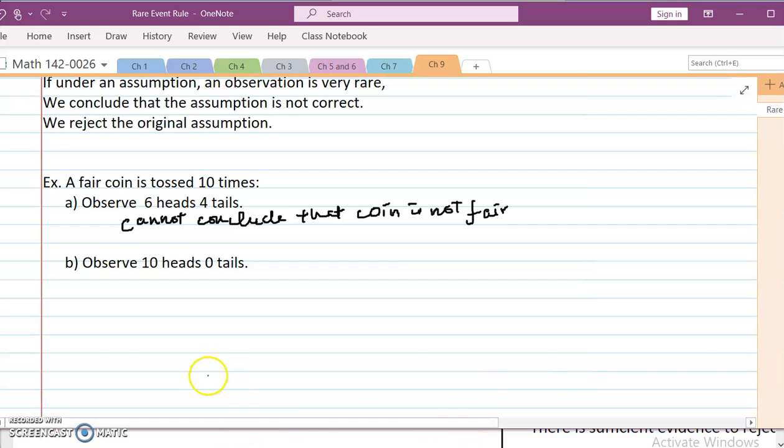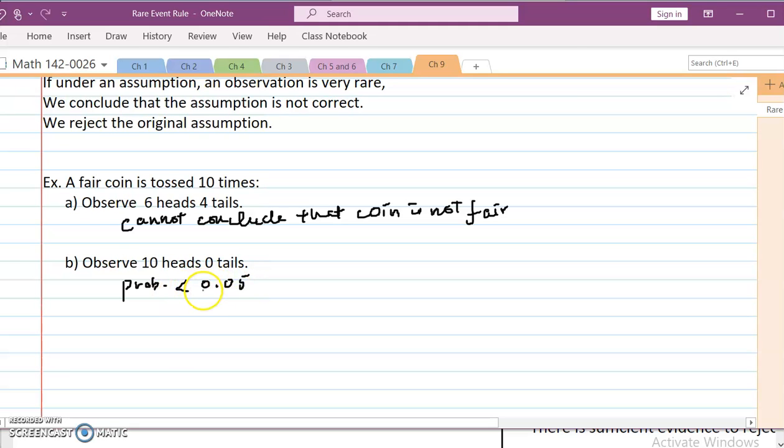So what about the second observation? You can pick up another coin, but when you toss 10 times, you get 10 heads and 0 tails. And in binomial, we actually calculate that 10 heads is very rare, right? Using the binomial distribution, you can calculate that the probability of this happening is less than 0.05. It's a rare event.